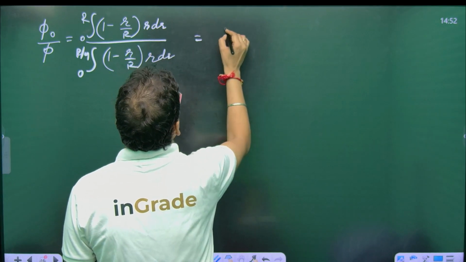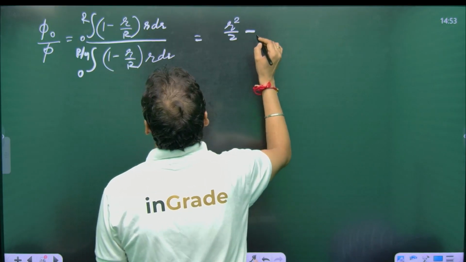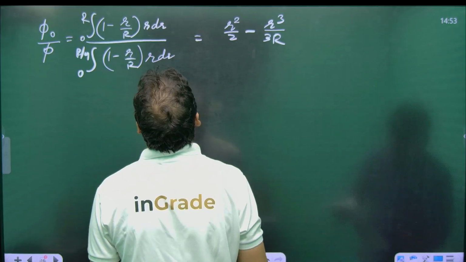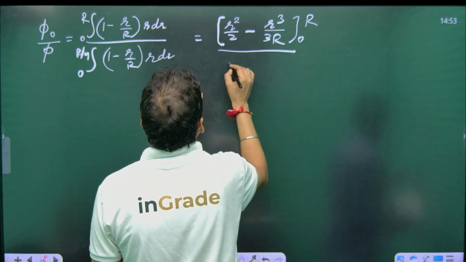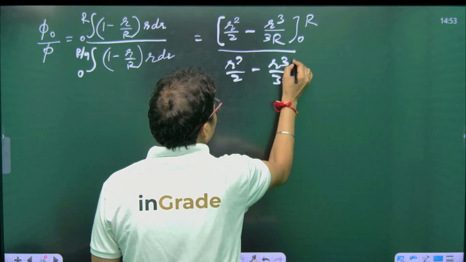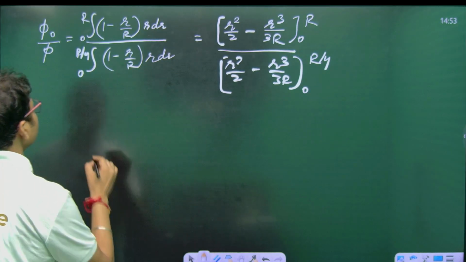So the integration of r dr is r square by 2 minus r cube by 3R. The limit will be 0 to R, and here again r square by 2 minus r cube by 3R. The limit will be 0 to R by 4. That will give us the answer.